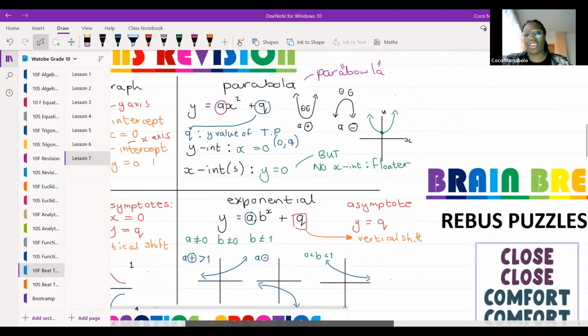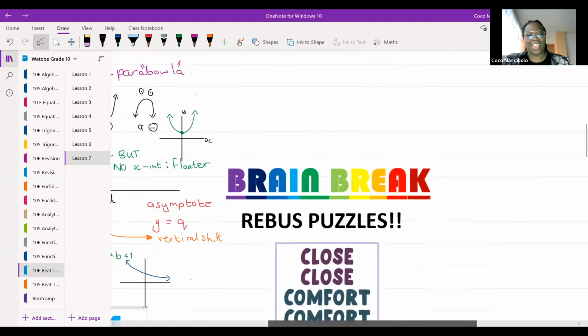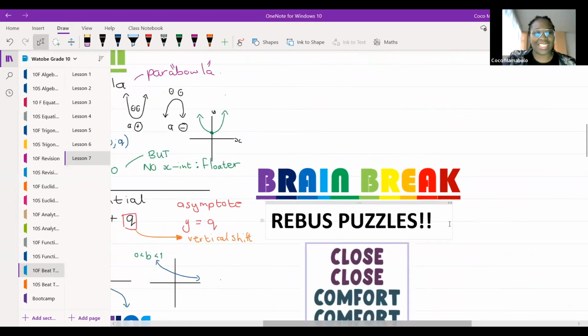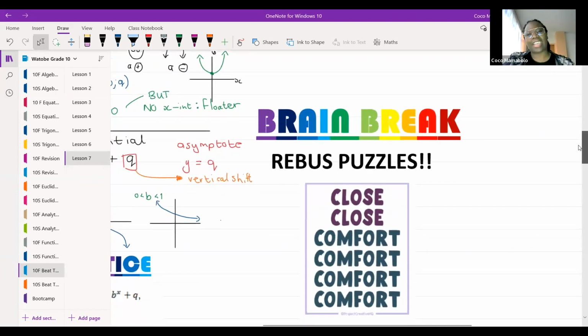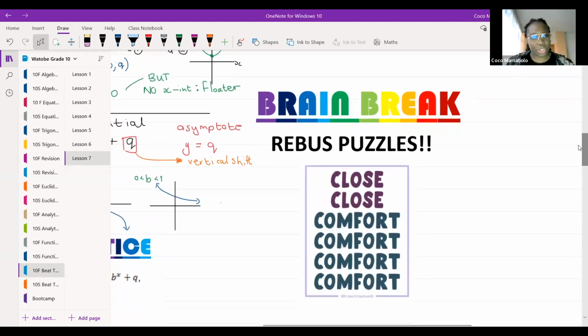Yay. All right, so we're going to be looking at rebus puzzles, which is like the nicest thing ever. If you ever wanted to go into graphic design, or you wanted to learn how to do advertising or anything.